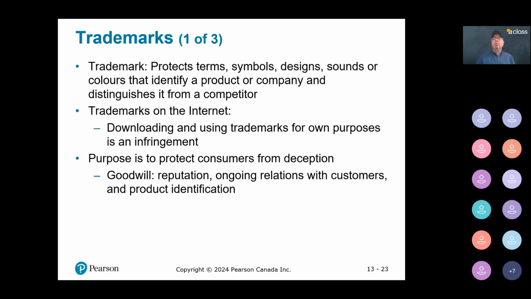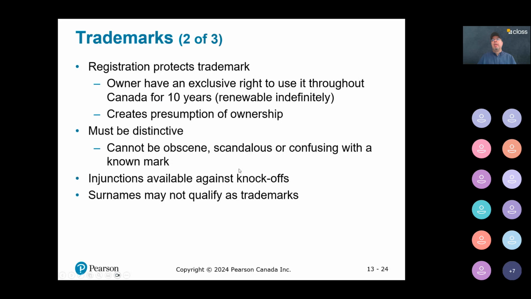So web domain is also protected by or relies on trademark law. Now, the trademark is related to the reputation of the company or the service or the product, the relationship with customers, and the identification of product or services. So that's the idea of trademark protection.